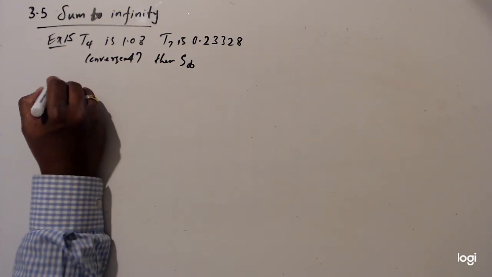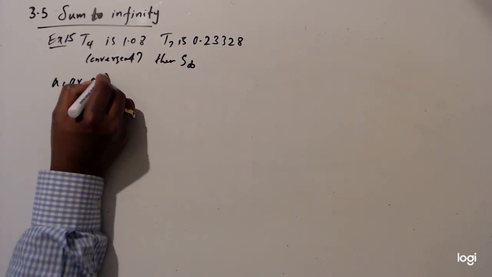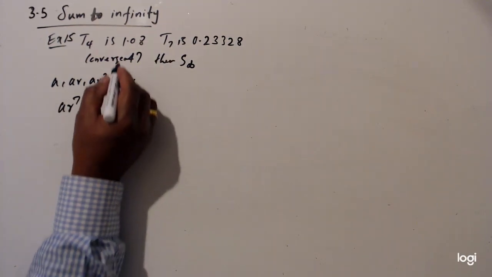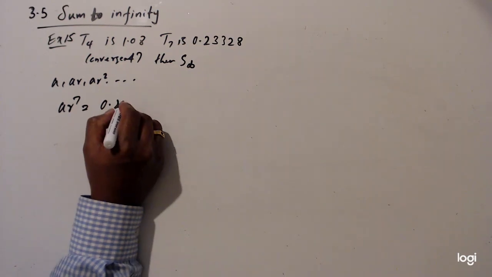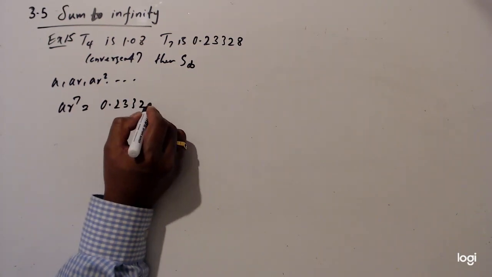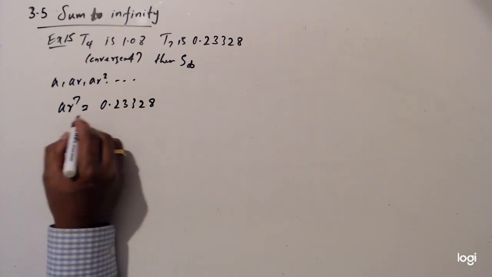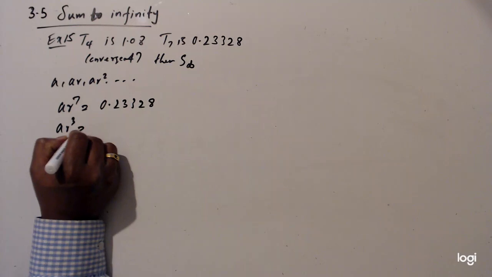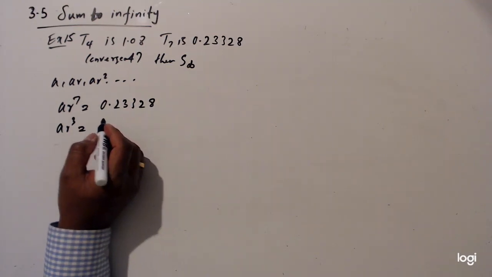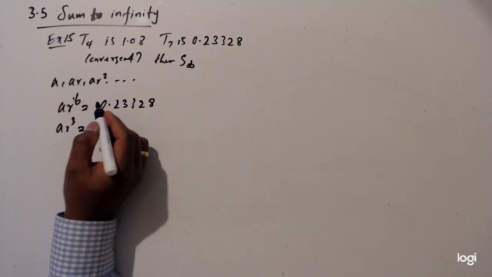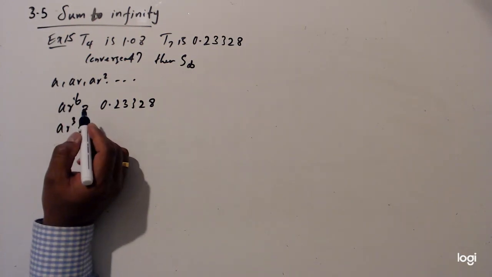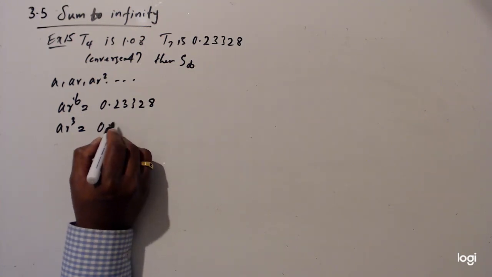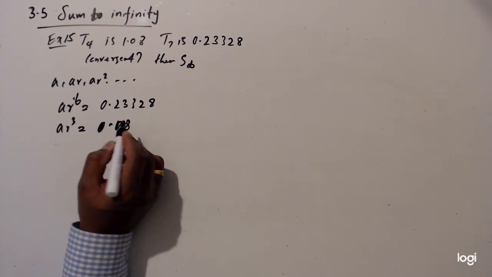We know the standard series a, ar, ar squared like that. So the seventh term is ar^6, and the fourth term is ar^3, that is 1.08.